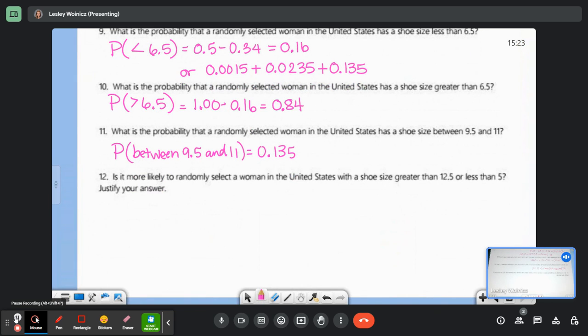Is it more likely to randomly select a woman whose shoe size is greater than 12.5 or less than 5? So we need to find those two probabilities. Probability of greater than 12.5 and probability of less than 5. Greater than 12.5, I'm getting 0.0015.